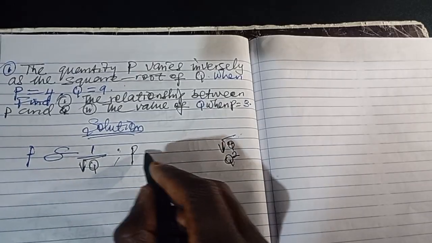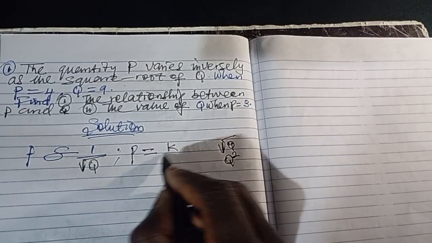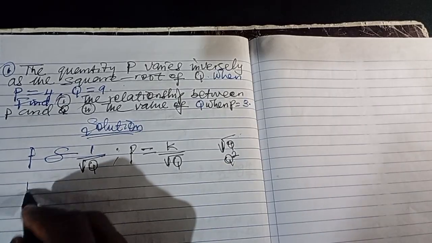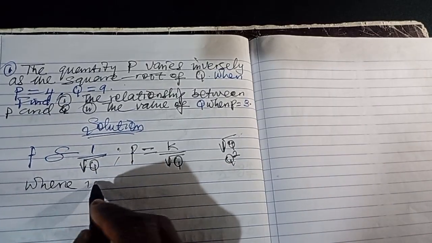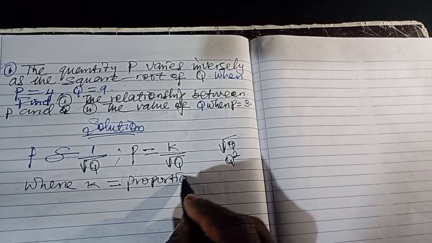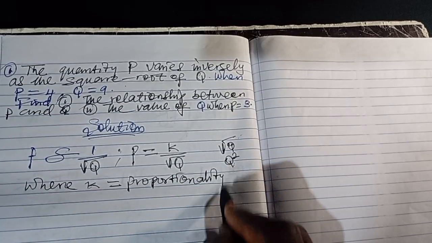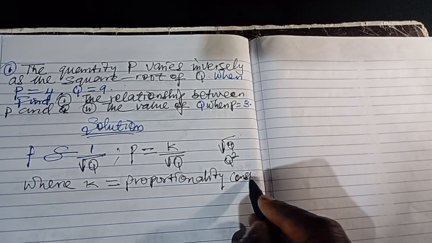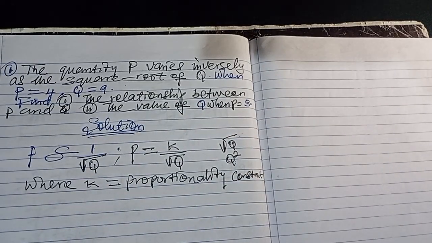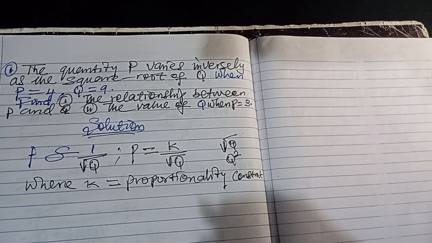We are going to have p equals k over root q, where k is the proportionality constant. This proportionality constant will help us in establishing the relationship, or you call it the equation of variation.